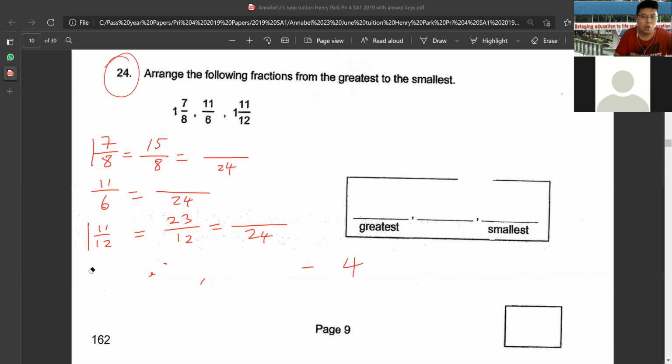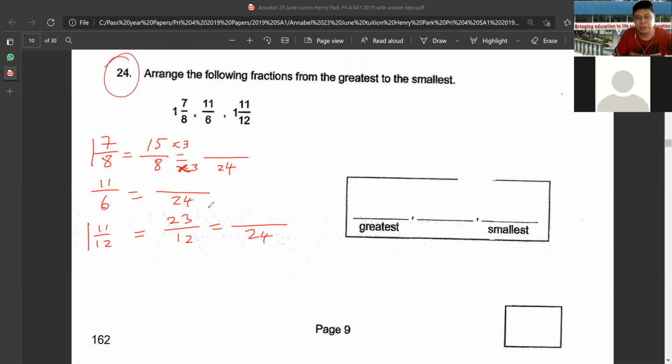No. 8 times what give you 24? 8 times 3. Then here would be times 3 also. So here will be 15 times 3.